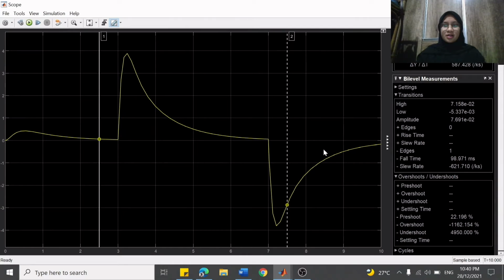This is the output graph for K equal to 5, and the rise time is none, the overshoot also none, and settling time is also none.